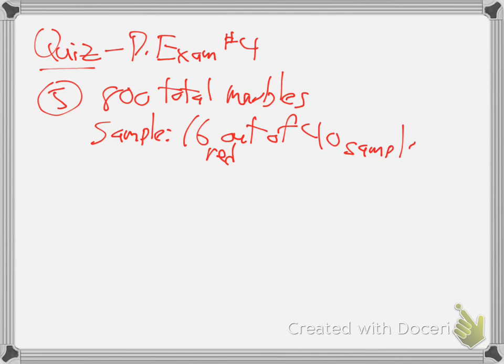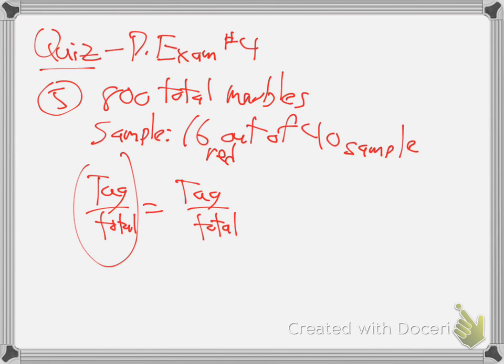All right, so I'm telling you, it's just like the fishing deal, right? Tag over total is equal to tag over total. Instead of capture and recapture, it's the sample and the whole bag.